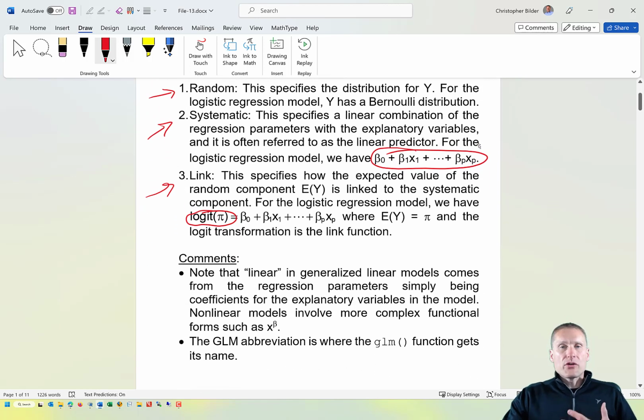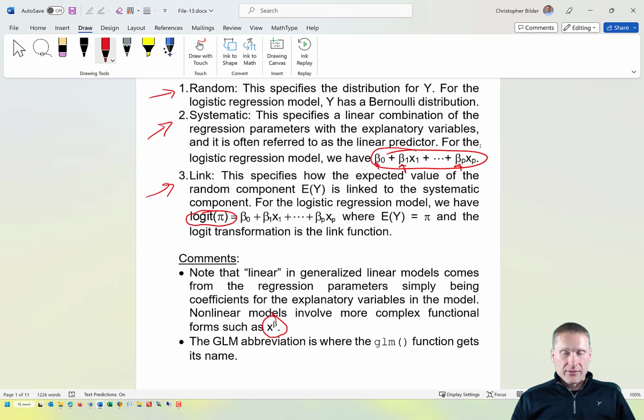Now, in the term generalized linear model, the linear part comes about because of the linear form of these regression parameters in our model. Nonlinear models would have a situation such as this, where maybe you take x and raise it up to, let's say, the beta power.